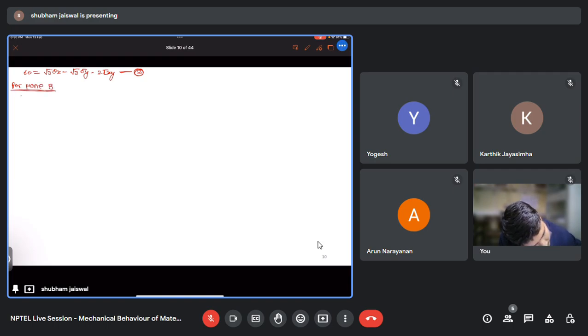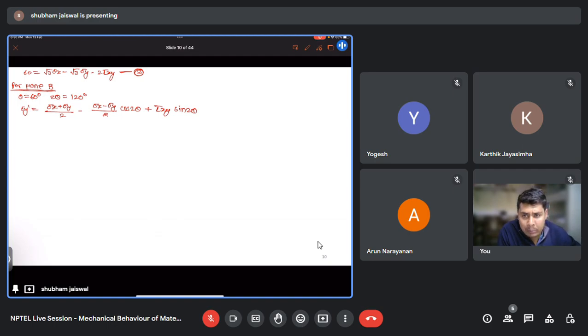So now let's say for plane B, theta is equal to 60 degree, 2 theta is equal to 120 degree. Here also sigma y prime is equal to (sigma x plus sigma y) by 2 minus (sigma x minus sigma y) by 2 cos 2 theta plus tau xy sin 2 theta.